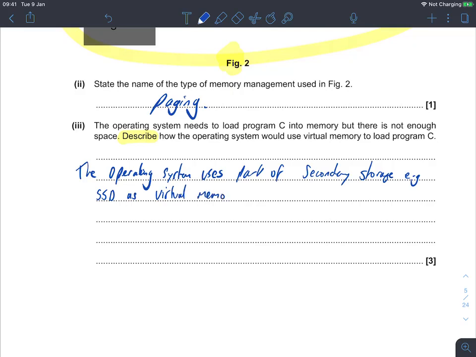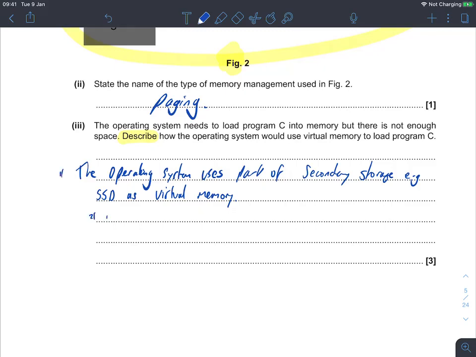And of course when we say memory, we mean what we commonly know as RAM, the 2, 4, 8, 16, 32 gigabytes of RAM. That is of course quicker than hard disk and closer to the processor. It will move unused parts. So that's the first part.